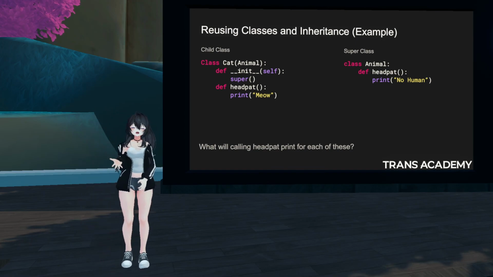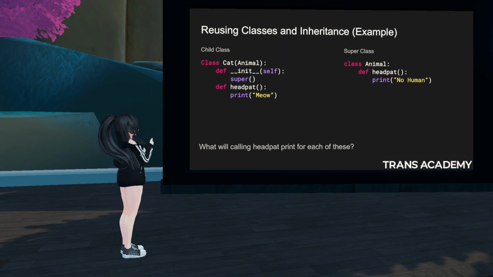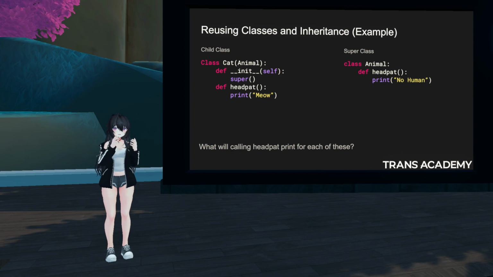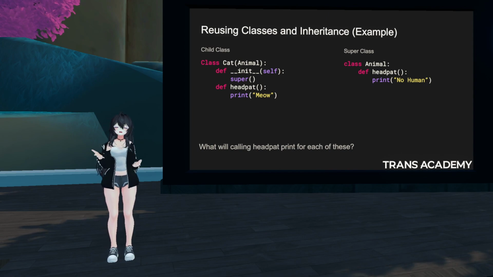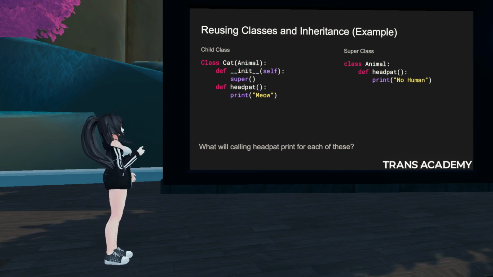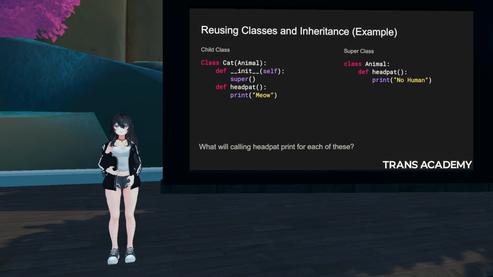So just a recap of what was just said. Underscore init underscore is the way that Python refers to the constructor. The constructor is the piece of function that runs when your object is created. That's why it's called constructor, because it's constructing the class. Super inherits everything from your parent class.